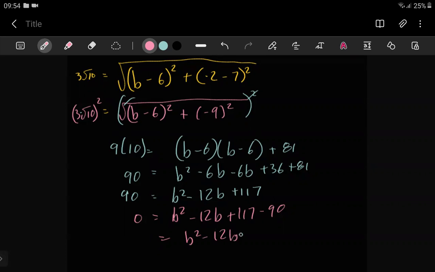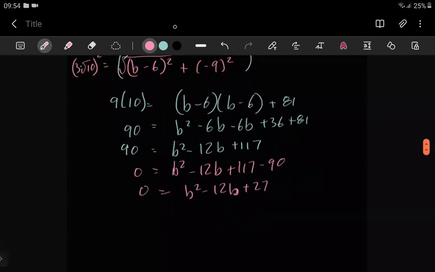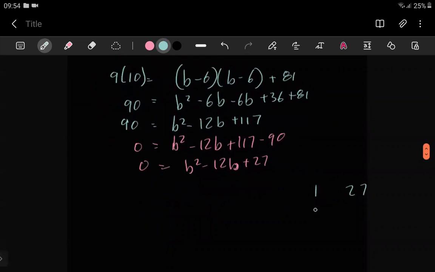So it's plus 27. Which factors of 27 give 12? 1 and 27 won't work, 2 doesn't go in there, 3 and 9, bingo. To get -12, it has to be -3 and -9.